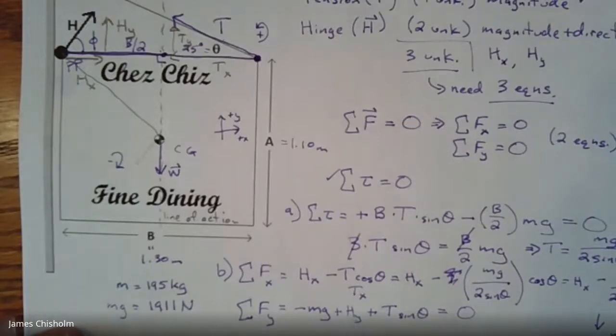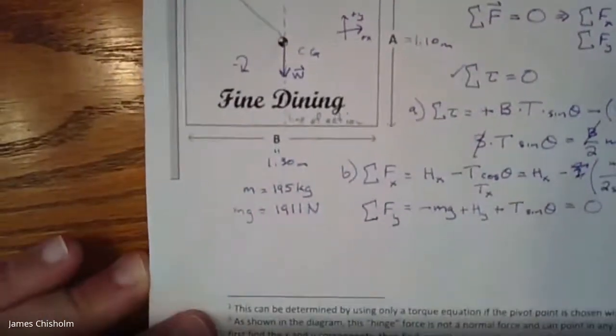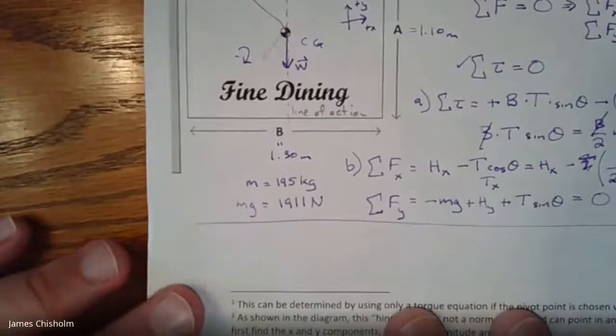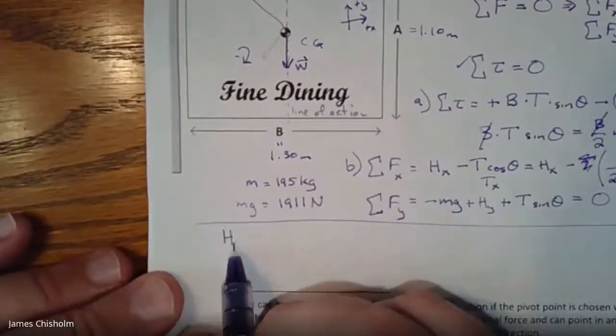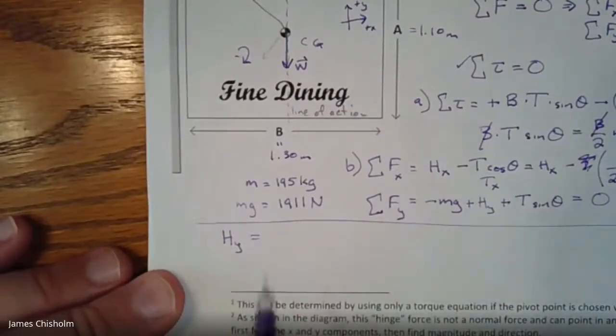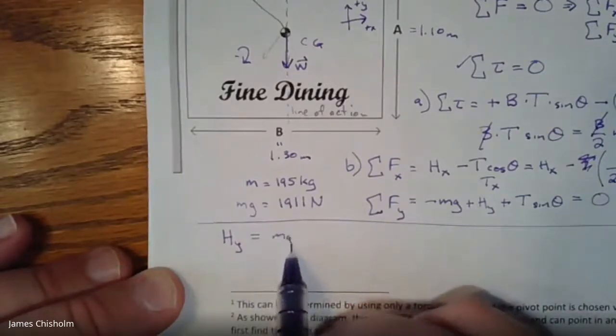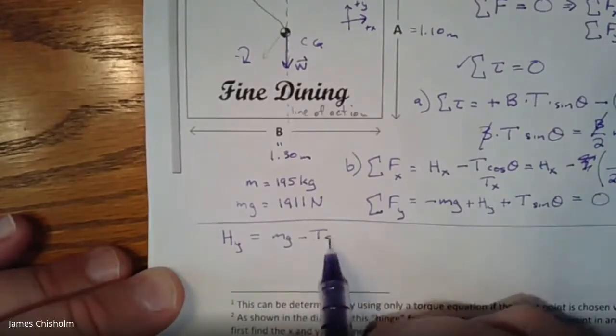So moving things around a little bit, if I want to solve for hy, give myself even more space. I'm trying to fit this all on one sheet of paper here. I have hy is equal to mg minus t sine theta.